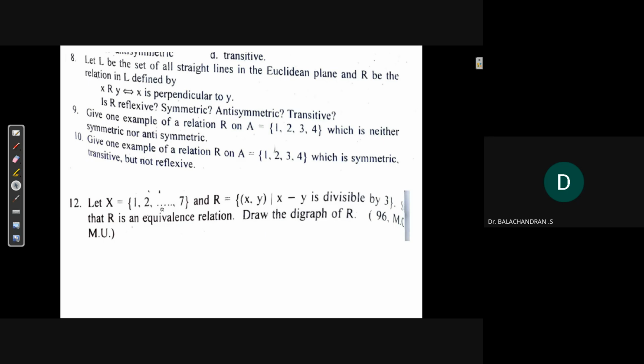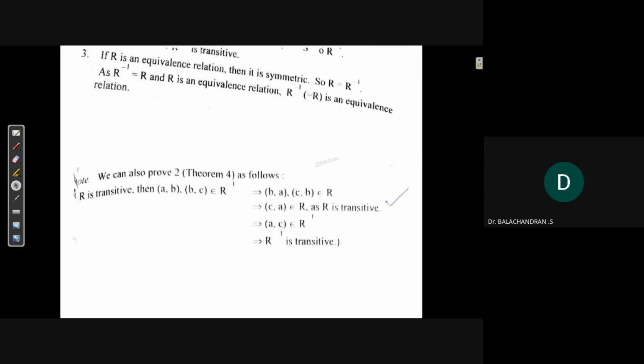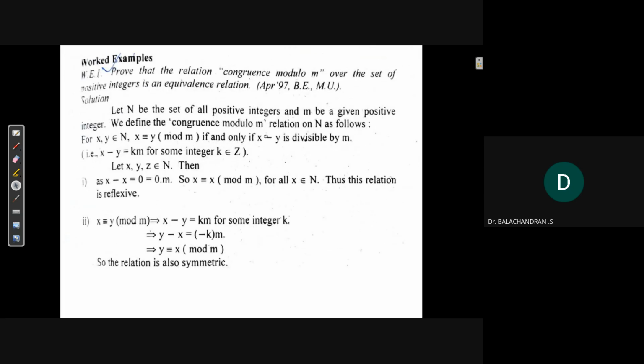So actually, last class also, we discussed a problem, not the same problem. Actually, I shall show you this problem. Yes, here congruence modulo m. In that problem, instead of m you have 3.